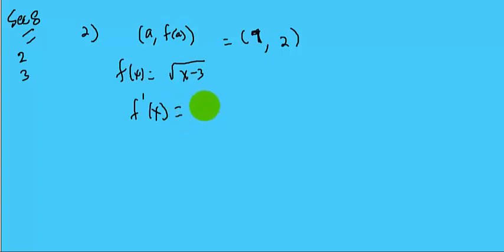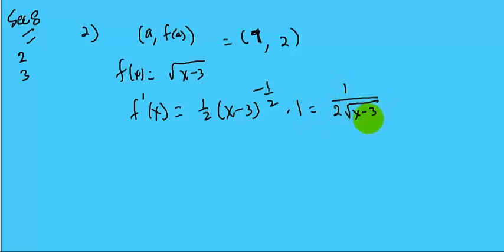Like I said, if you have no clue what to do in this class, take a derivative. That's 1/2 (x minus 3) to the negative 1/2 times 1. I'll use chain rule just to show you that I'm still using chain rule. If you clean this up, that's 1 over 2 times the square root of x minus 3.